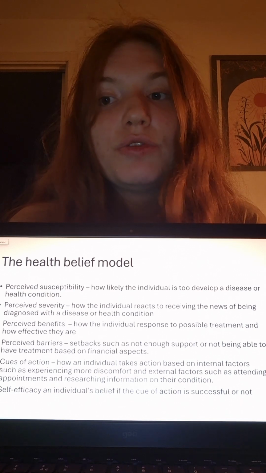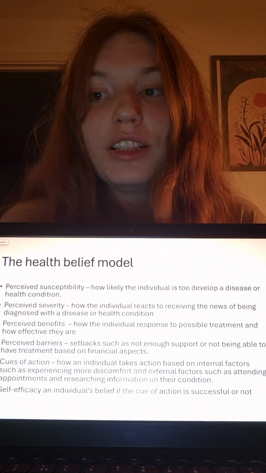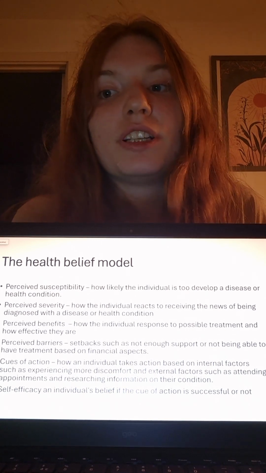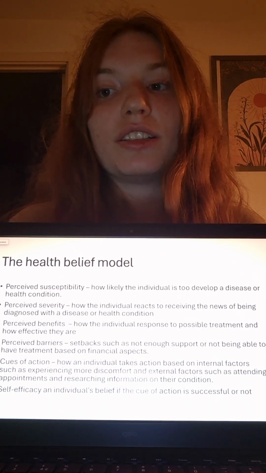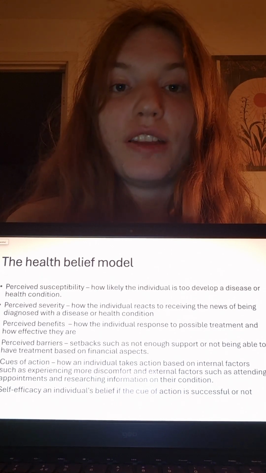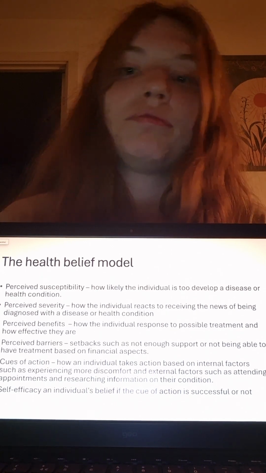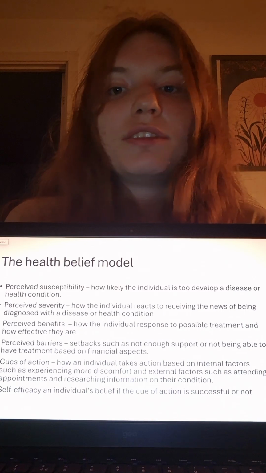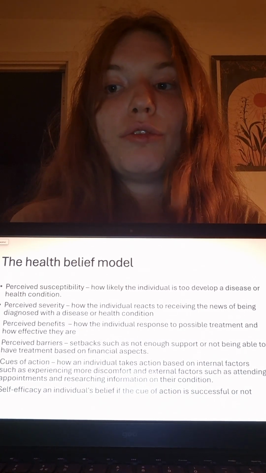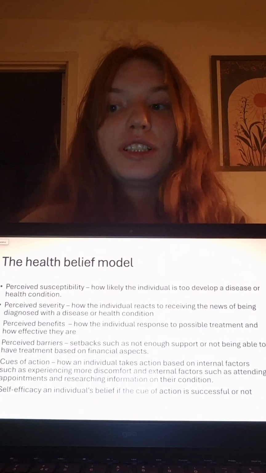This is how an individual takes action based on internal factors such as experiencing more discomfort and the external factors such as attending appointments and researching information on their condition. Self-efficacy. This is an individual's belief if the cue of action is not successful or not.